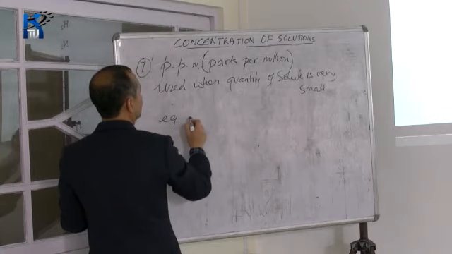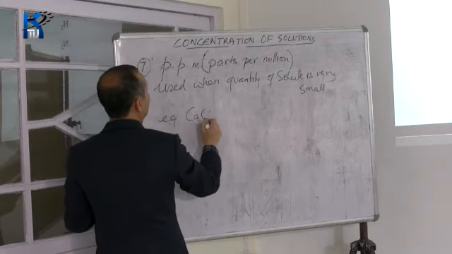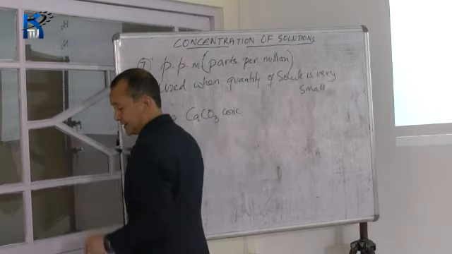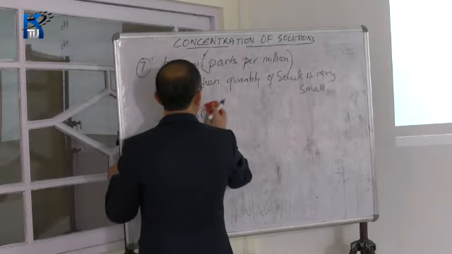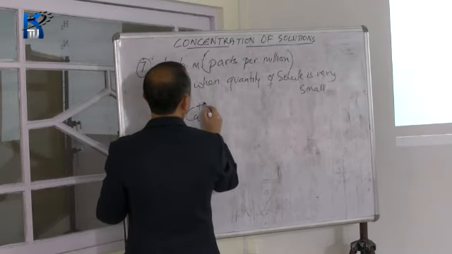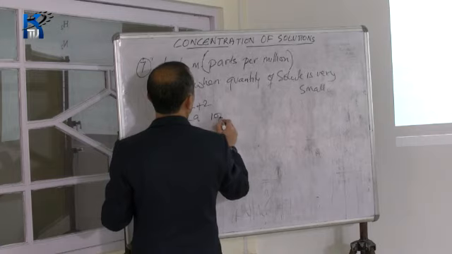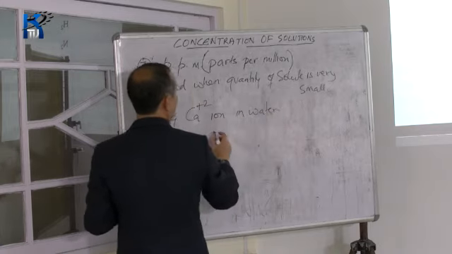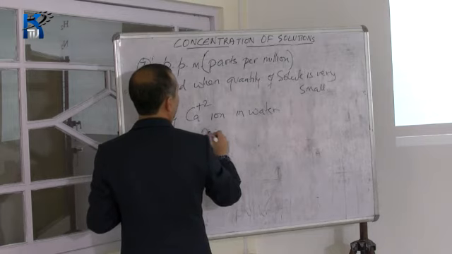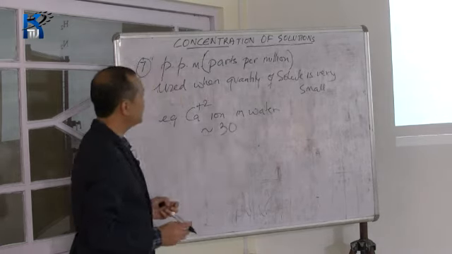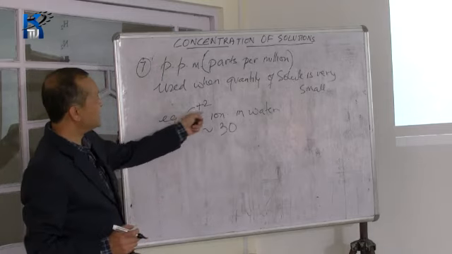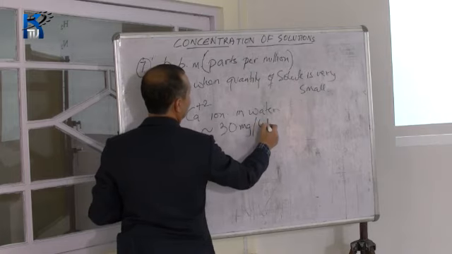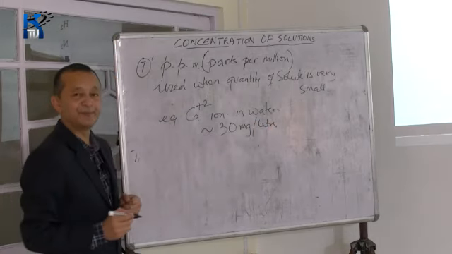Example, supposing calcium ion concentration in water is approximately 30 mg per liter, milligram per liter.